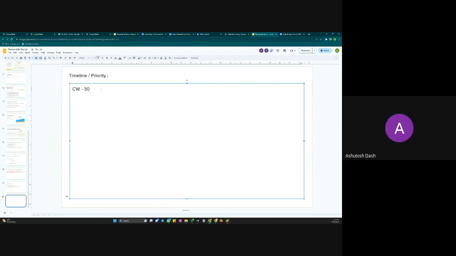Weekly would work. Ashutosh, what would be preferable to you, weekly or bi-weekly targets? Weekly would be good, because then the targets would be shorter and I would have my time managed. If we stretch it, there might be other things that come up on the way.